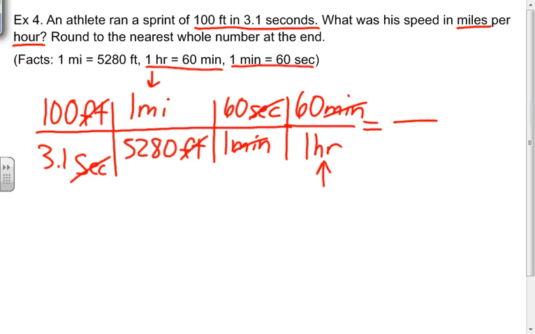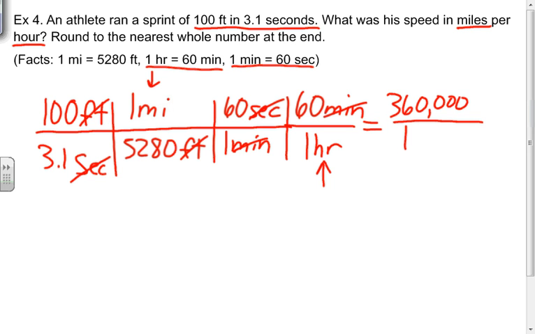So multiply across the top. Grab my calculator. On the top I have 100 times 1 times 60 times another 60. And I get 360,000. On the bottom, I have 3.1 times 5,280 times 1 times 1.